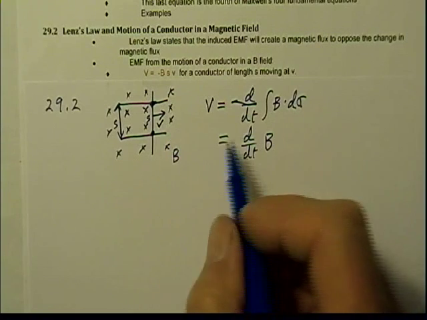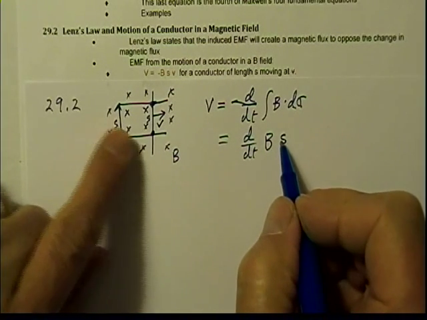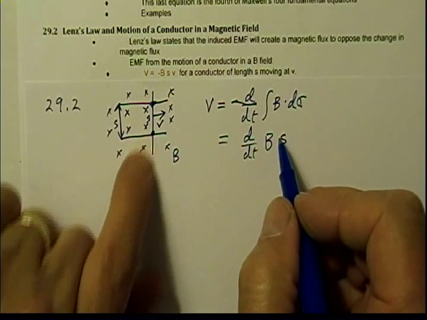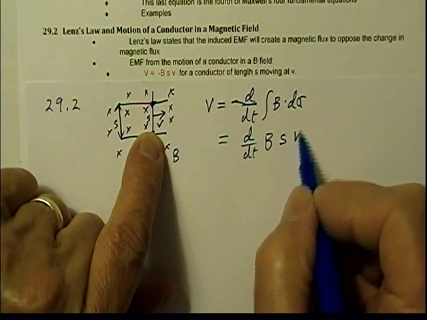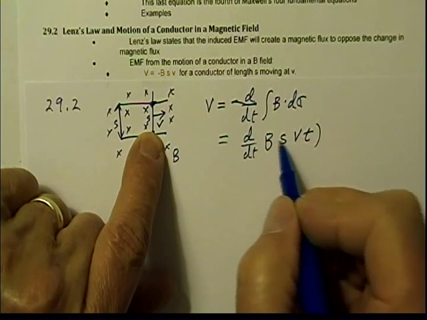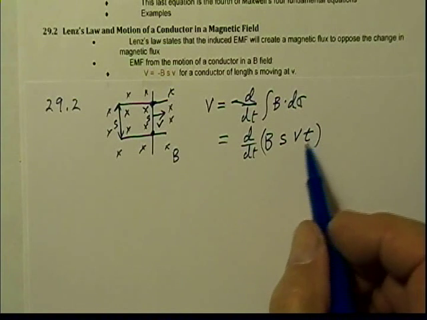Well, what is the area inside? It's the height, S, times the length. Well, what is this length here? It is the velocity times the time. Okay, so we have to take that derivative. Well, this is pretty straightforward.